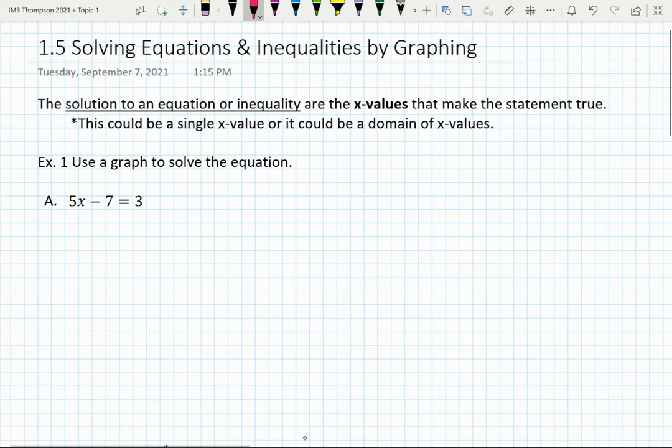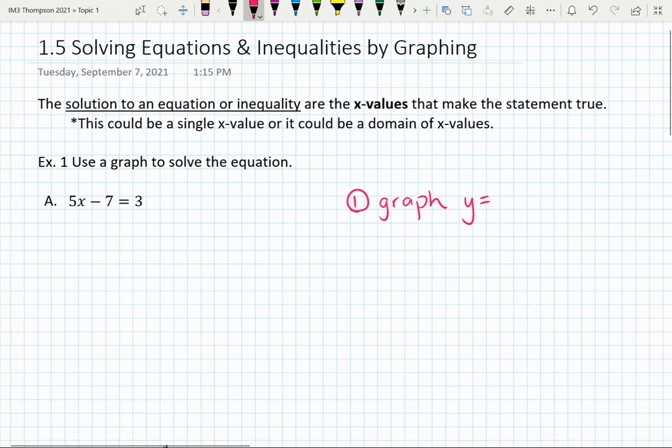Step 1. We're going to graph basically y equals the left side of the equation and y equals the right side of the equation. I'm going to color coordinate and use 2 different colors. So if you've got different colors and you want to use red and blue with me, or 2 other colors, great.